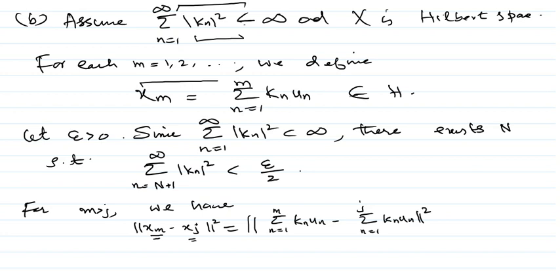So this is equal to norm, summation n runs from 1 to j, k_n u_n, plus summation n runs from j plus 1 to m.